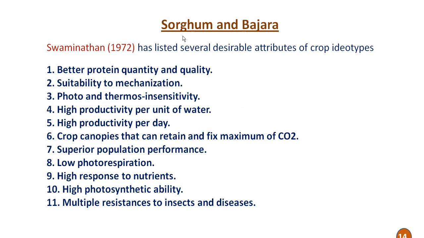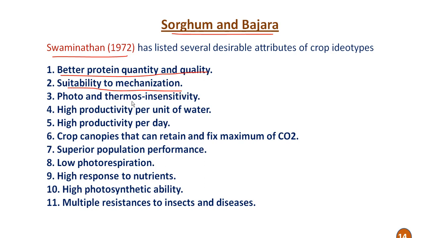Then sorghum and bajra. Swaminathan in 1972 listed several desirable attributes of the crop ideotype in these crops, sorghum and bajra. First one is better protein quantity and quality. So protein quantity and quality is preferred in case of sorghum and bajra. Then suitability to mechanization.